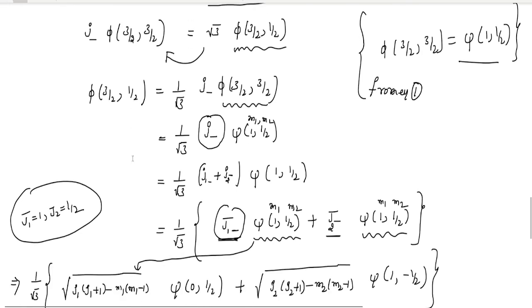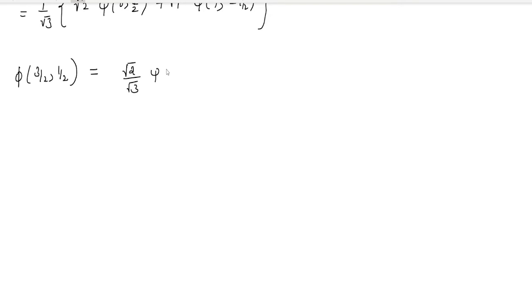Psi 3 divided by 2, 1 divided by 2. Starting state I use. So I got the final one: root 2 divided by root 3 wave function psi 0, 1 divided by 2, plus 1 divided by root 3 wave function psi 1 comma minus 1 divided by 2.